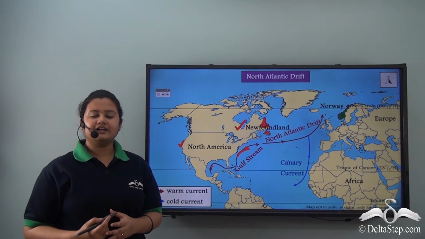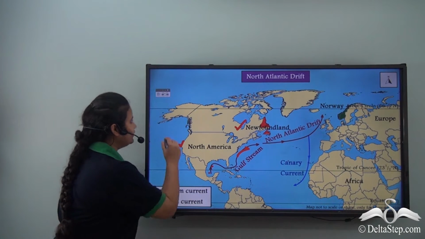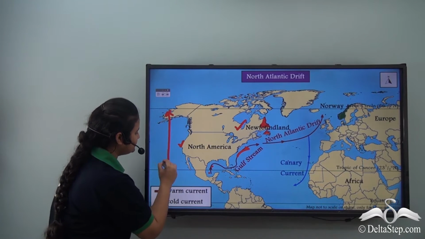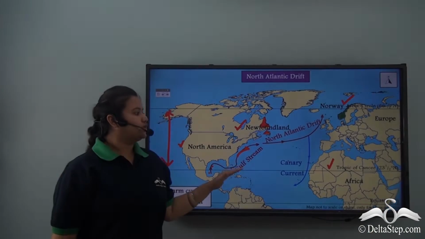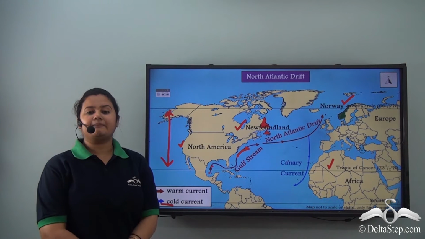The Gulfstream that had originated in the torrid zone has already reached the temperate zone. See, the temperate zone lies between the Arctic Circle and the Tropic of Cancer. So, Gulfstream has already moved into the temperate zone.